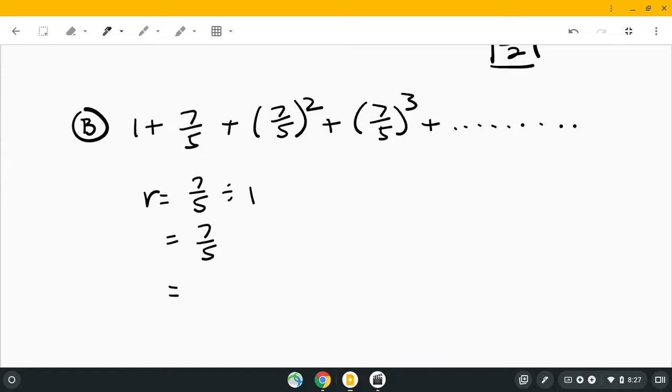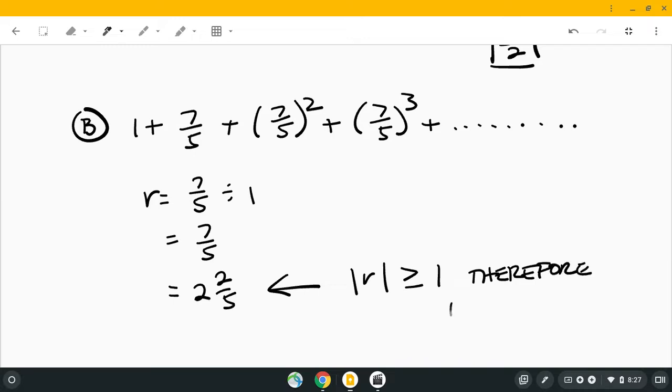If I rewrite this as a mixed number, this is 2 and 2/5. So the absolute value of R is greater than or equal to 1. Therefore, it diverges. I cannot find the sum. There's no sum.